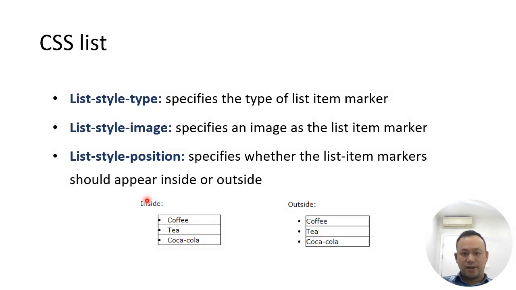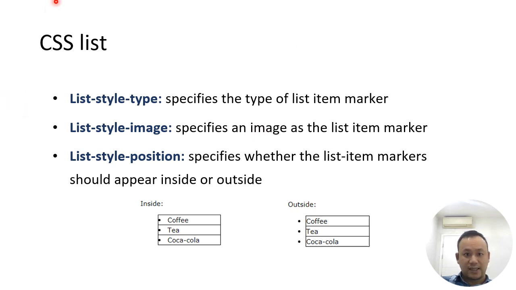CSS list. In HTML we have two main types of list: ordered list OL and unordered list UL. The CSS list properties allow you to set different list item markers for ordered lists, set different list item markers for unordered lists, and set an image as a list item marker, as well as background color to the list and list items.